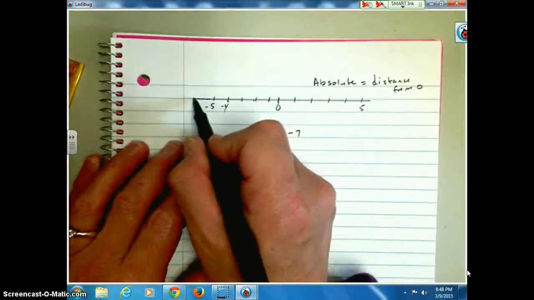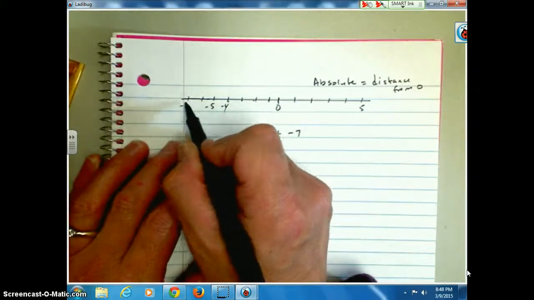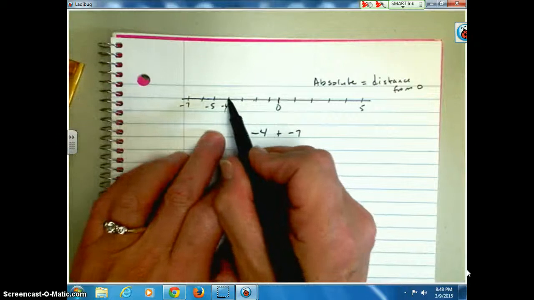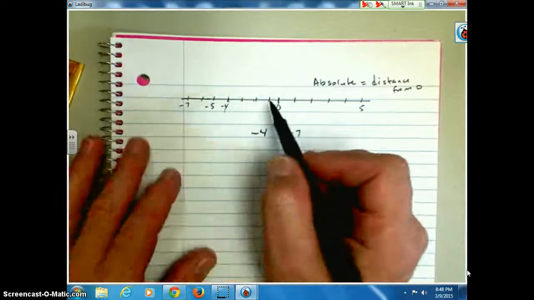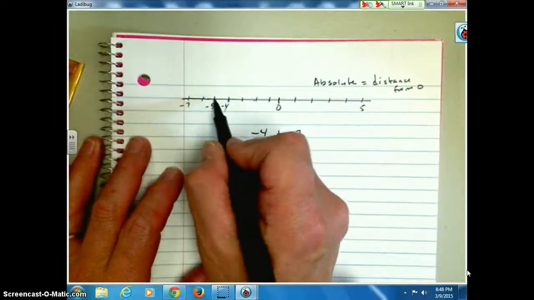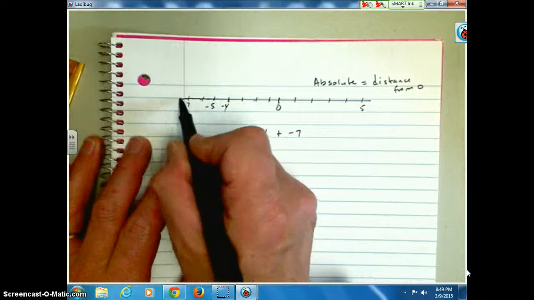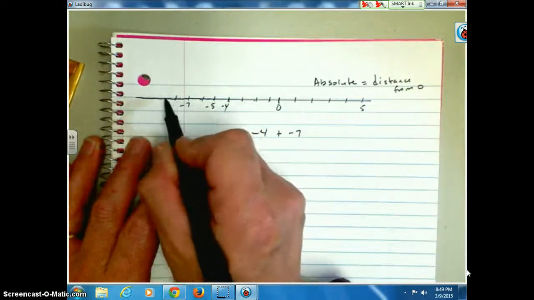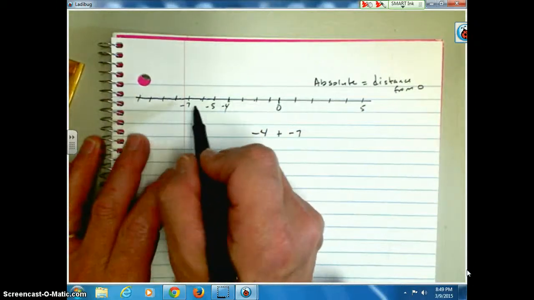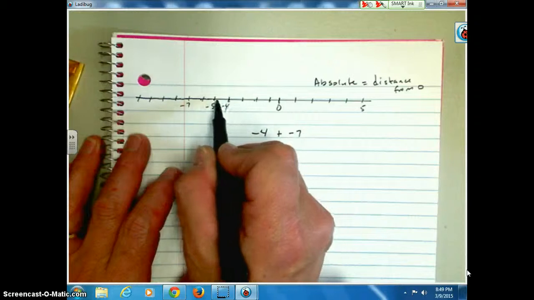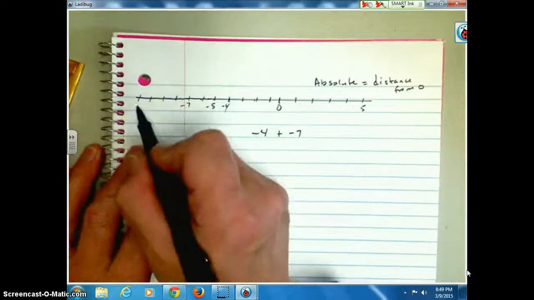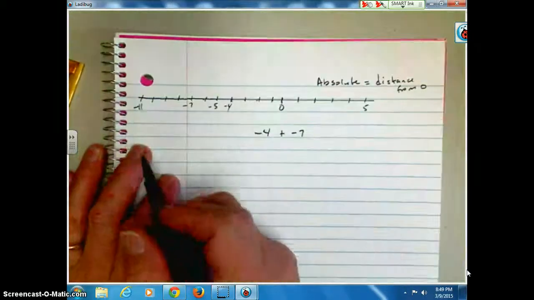So extend this out a little bit. From here, 1, 2, 3, and keep going, 4, 5, 6, 7, and we end up at a negative 11 way over here.